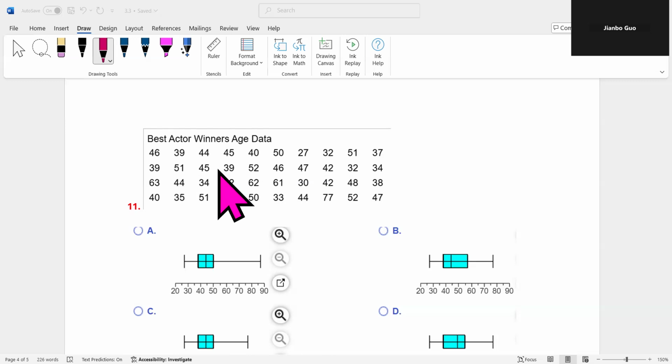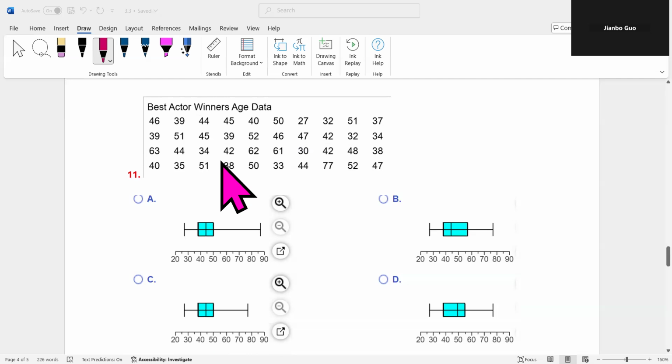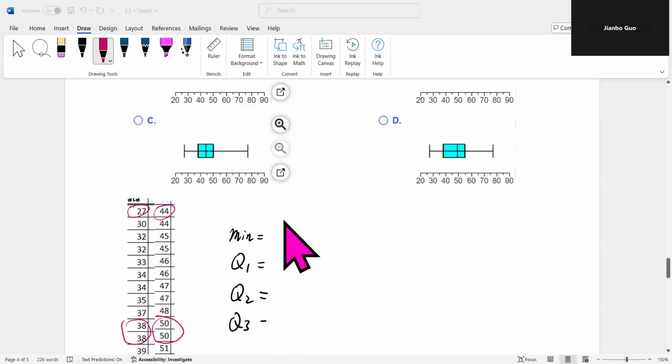What I did is I used Excel. I don't think you will have Excel available during the test, but I don't think you will have something so complicated that requires you to manually rearrange 40 values either. So this is the result.